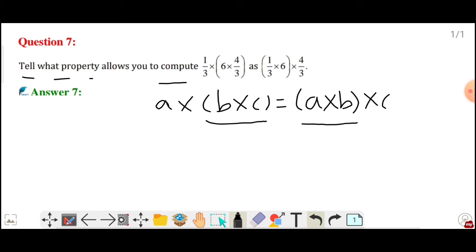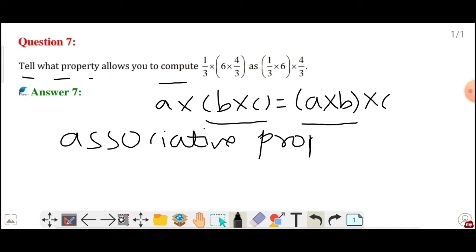This property is called the associative property for multiplication.